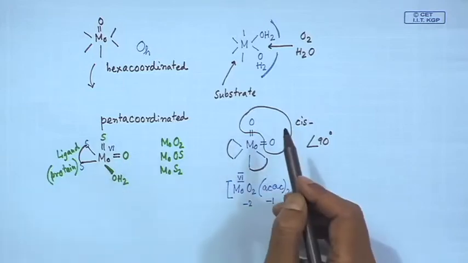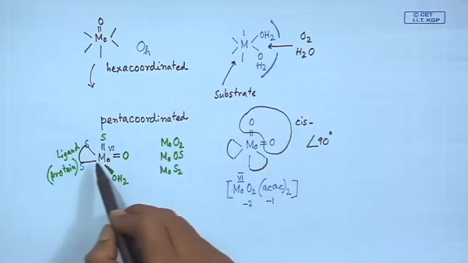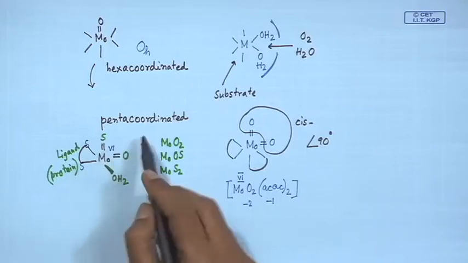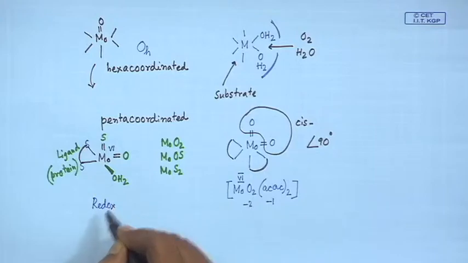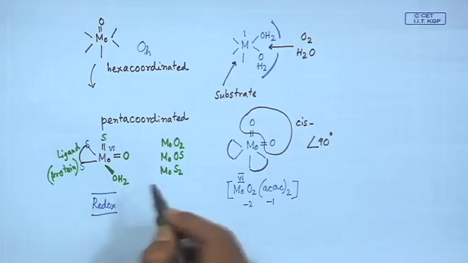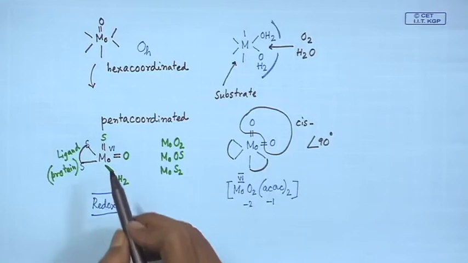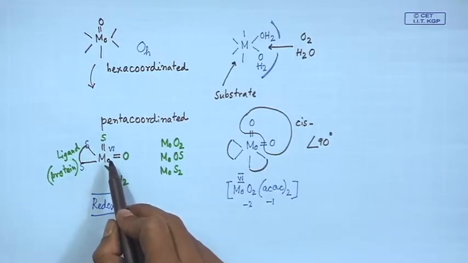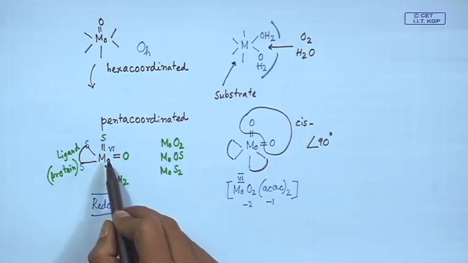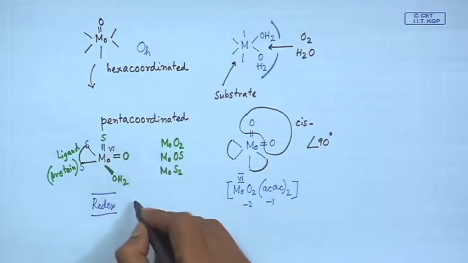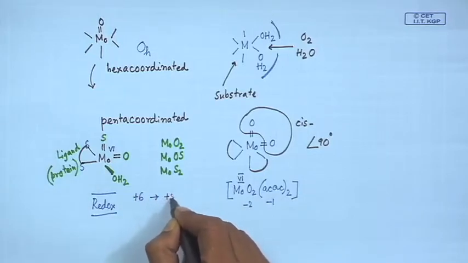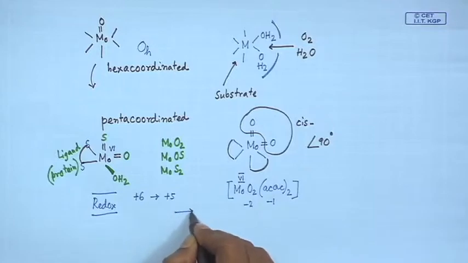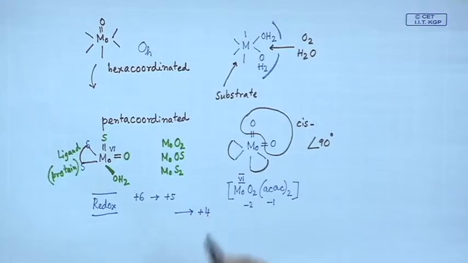The corresponding reactions take place due to electron transfer, because the redox is on, and we should know how we can change the oxidation state of the molybdenum. If +6 is the highest possible oxidation state available at this point, can we reduce it from +6 to +5 or further reduce it to +4?